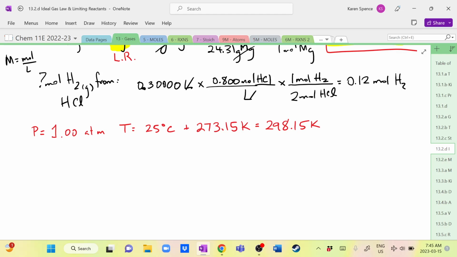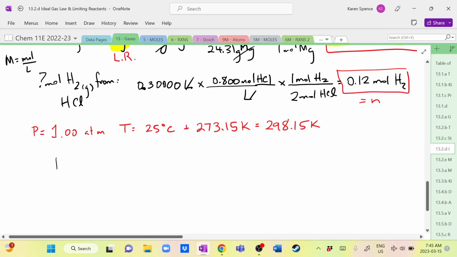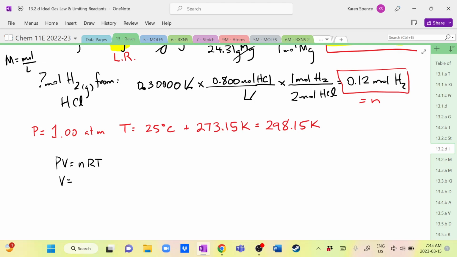All right, so now we have n, P, and T, so we can solve for V. PV equals nRT. Solve for V: V is equal to nRT over P.